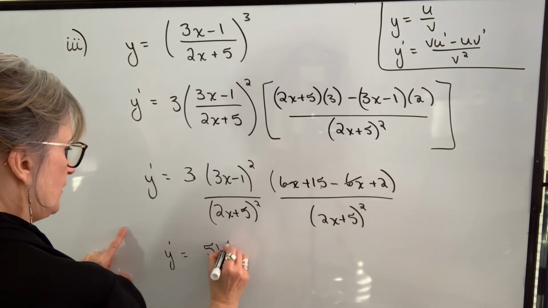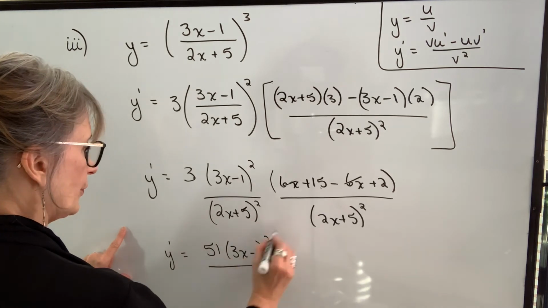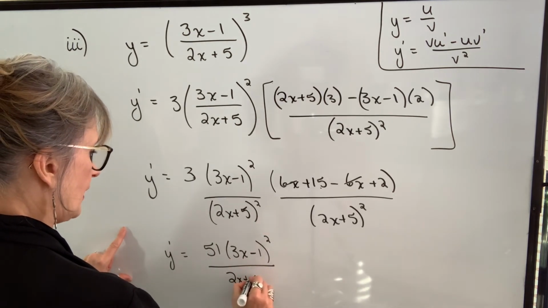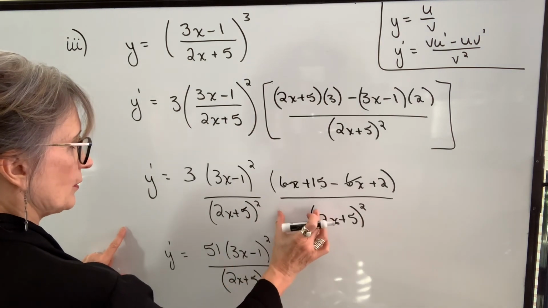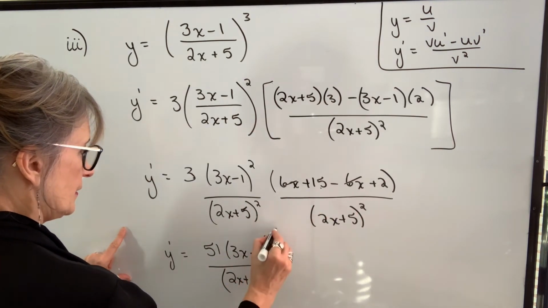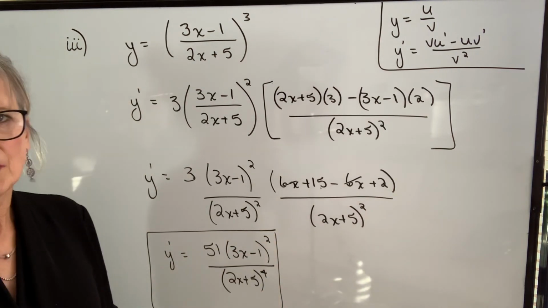So that would be 51, 3x minus 1 squared, all over 2x plus 5 to the power, if we add our exponents when we're multiplying powers with the same base, 4. So that's one way we could approach that question.